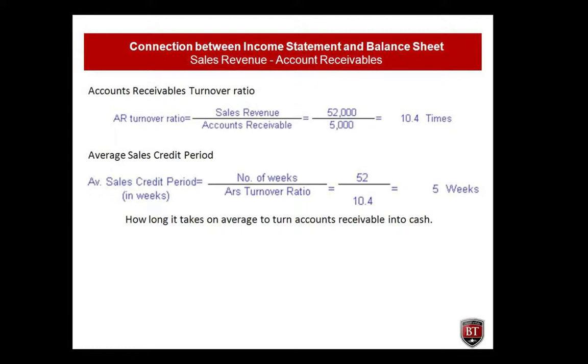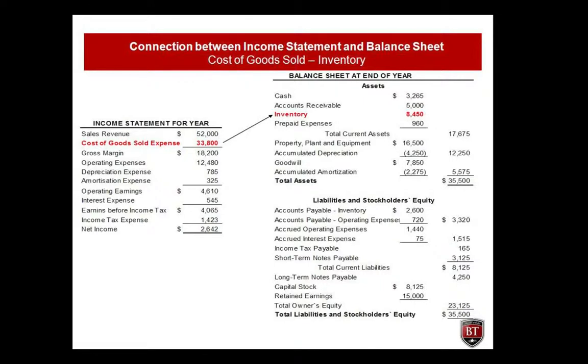Based on the financial statements shown on the previous slide, we know it is 5 weeks. These ratios show how long it takes on average to turn accounts receivable into cash. It is important to know how long it takes on average to turn ARs into cash. Based on this, the manager can decide the following: to shorten credit terms, to shut off credit to slow payers, to set up collection efforts.